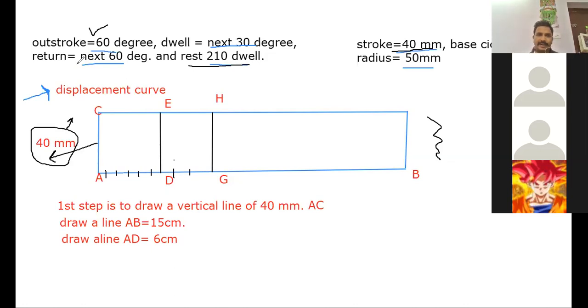Now the question says, for the next 60 degrees, there is a return. Return means the follower is coming from the topmost position to the lower position. 60 degrees means, again, you will make 6 divisions of 1 centimeter: 1, 2, 3, 4, 5, 6.